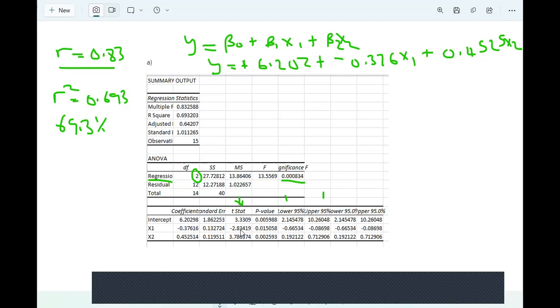X1, this is negative 2.8, but we have negative 0.6, negative 0.08, so it is out of range. X2, we have 3.7, and the lower is 0.19, and here we have 0.71. So this one is also outside.